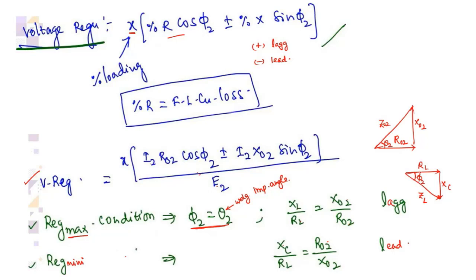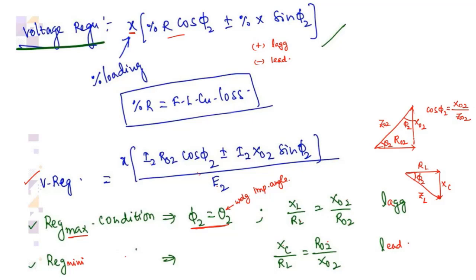So if you want to get the power factor here, this is phi 2. Now cos phi 2 during minimum regulation will be adjacent side by hypotenuse, that is X02 divided by Z02.